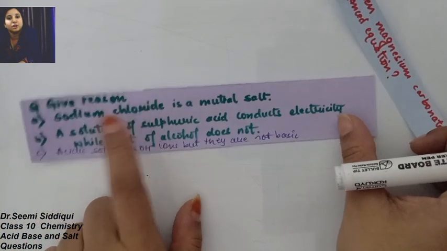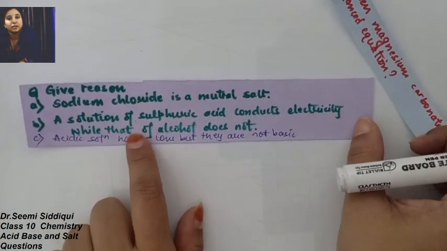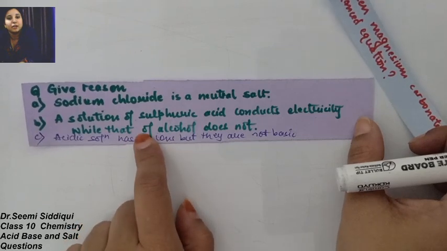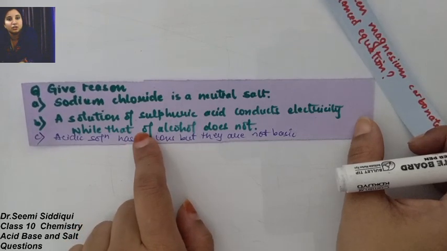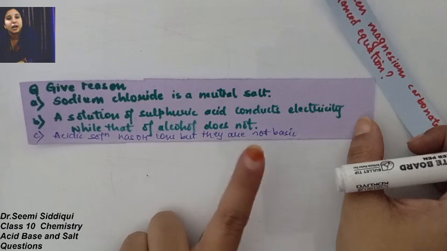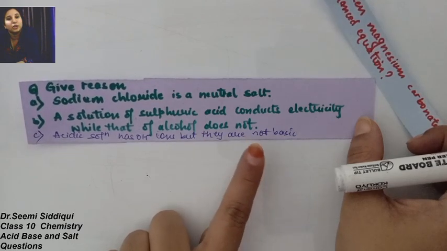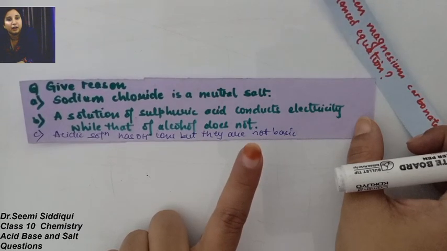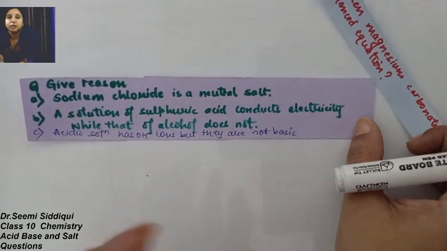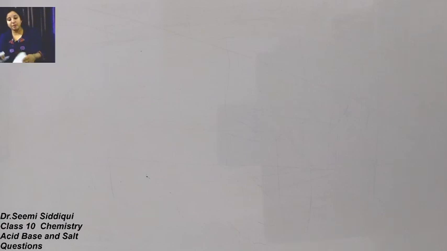A solution of sulfuric acid conducts electricity while that of alcohol does not. And part C, acidic solution has OH minus ions, but they are not basic. These four questions, you will apply your own mind. Rest all questions I have discussed with you.